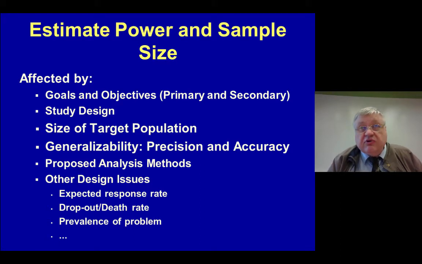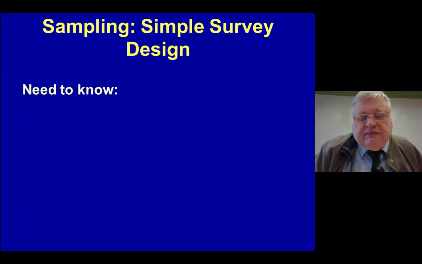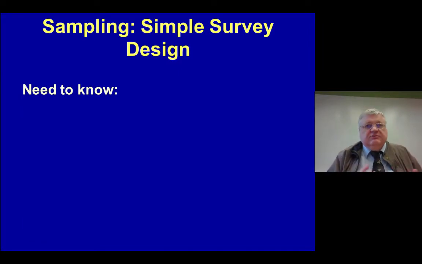The prevalence of the problem: are you dealing with a rare or a rather frequent disease, for example? And a whole host of others can be affecting your estimation of power and sample size. Now, let's assume we're doing a simple survey, and we're not going to be doing anything difficult here.